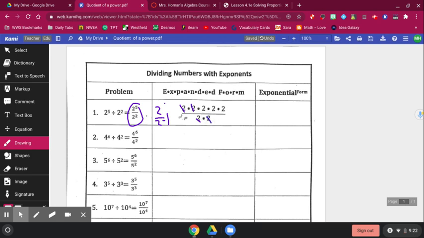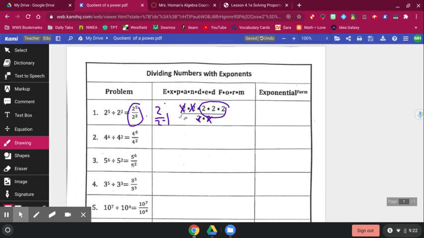So if we have 1 times the rest of this, remember, 1 times 2 is still 2. So if we have 1 times 1 times 2 times 2 times 2, it's still just 2 times 2 times 2. So basically, these 2's will cancel each other out, in other words.